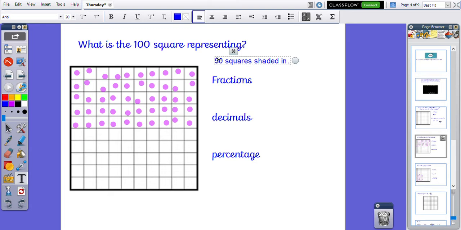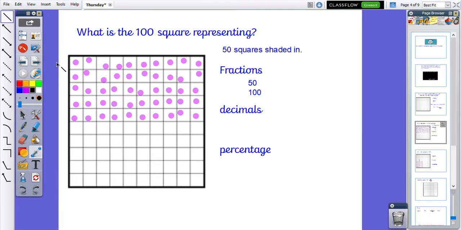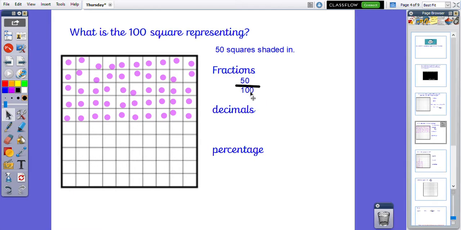Okay, so from what we learned about fractions, if we've got 50 squares shaded in, we've got 50 out of 100 shaded in as our fraction. 50 out of 100, so we've got 50 over 100.